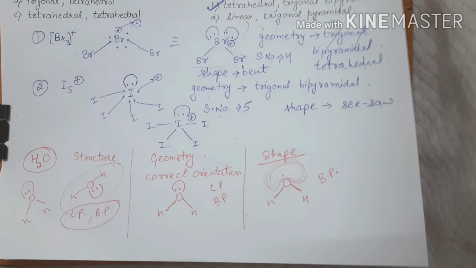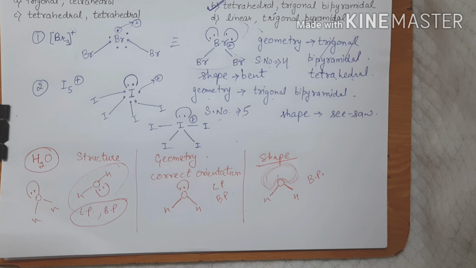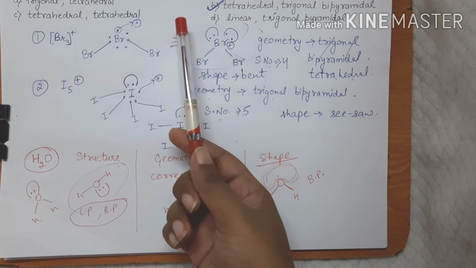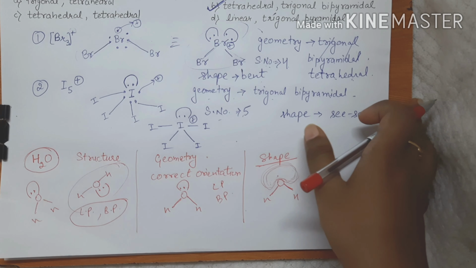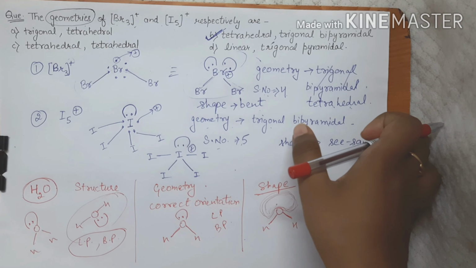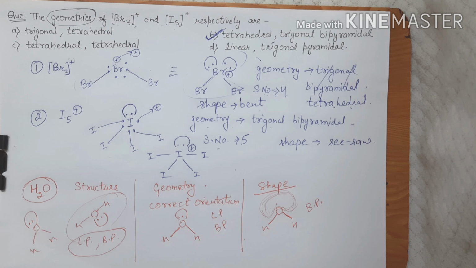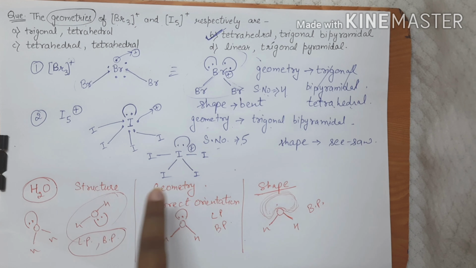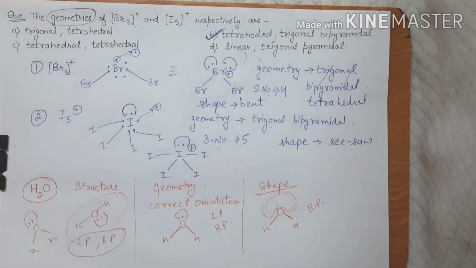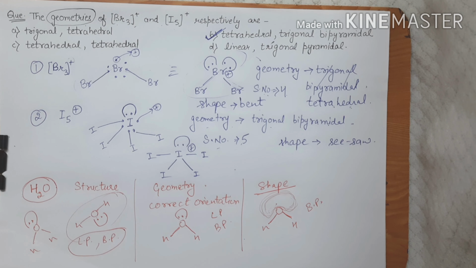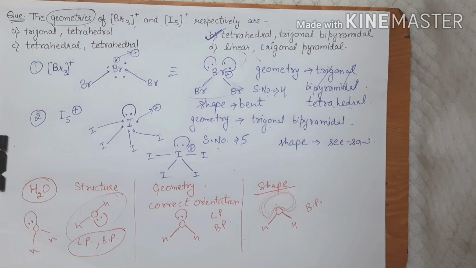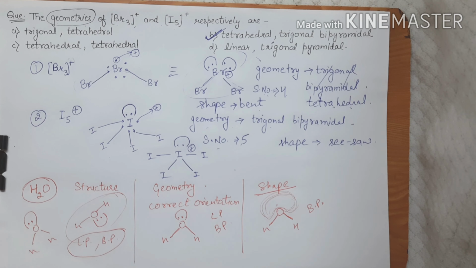So now we are going to solve some of the related questions as we have solved this first question. I'll try to solve all the related questions in which they have asked about the structure, geometry or shapes of the molecule, so that we are clear with the concepts. So now we'll head on to question number 2.